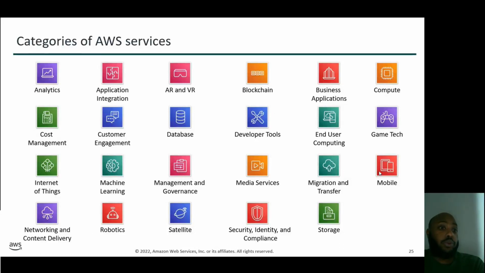If I wanted to do machine learning, I could do it on AWS. If I wanted to have robots running around, I could have my robots, software, and things running on the cloud. If I wanted to have games, everything I could build, anything I could imagine, I can do on the cloud today.